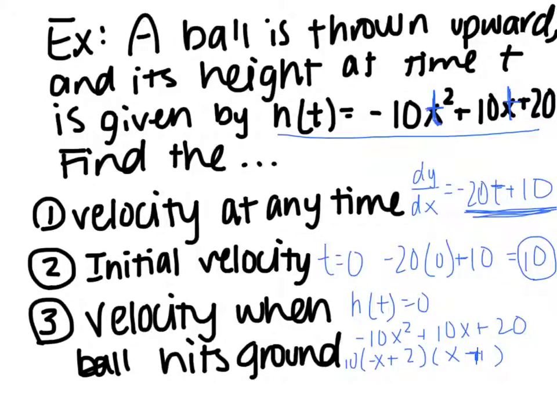Oh wait, I have to finish this. We know that it can't be t equals -1 because that's a negative time and that doesn't exist. So it should be t equals 2. So at 2 seconds the ball hits the ground.